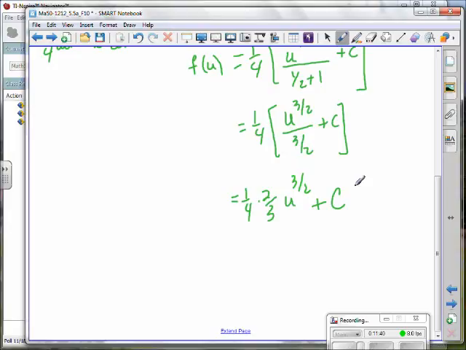You don't want to tell them that, okay? But we understand that c represents just any value, and so 1/4 of any value is still any value. Okay. So I can change this to be 1/6 u to the 3/2 plus c, and that's f of u. Now, is that the problem we started with?